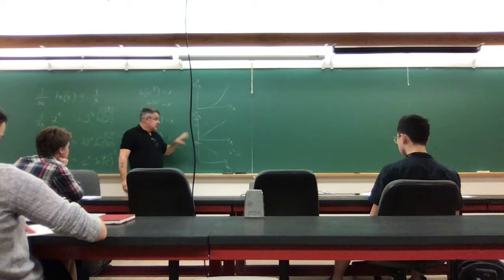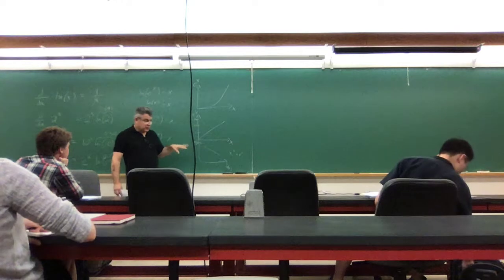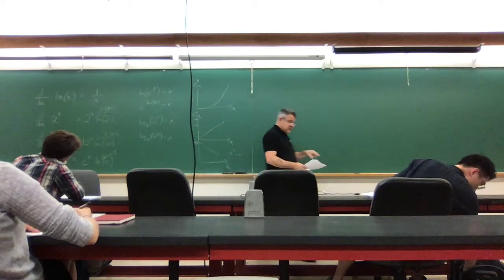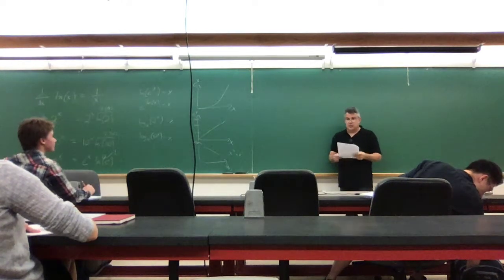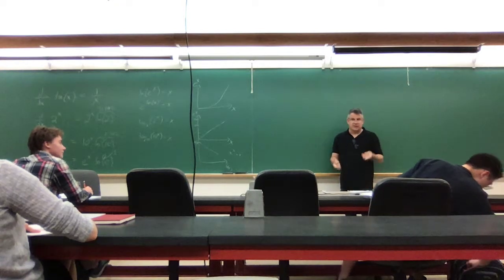But there's one last piece that I want to talk about with logs, which is really important for what we're doing today, and it's also why I put the logs in the linear chapter, which is that logs turn multiplication into addition.